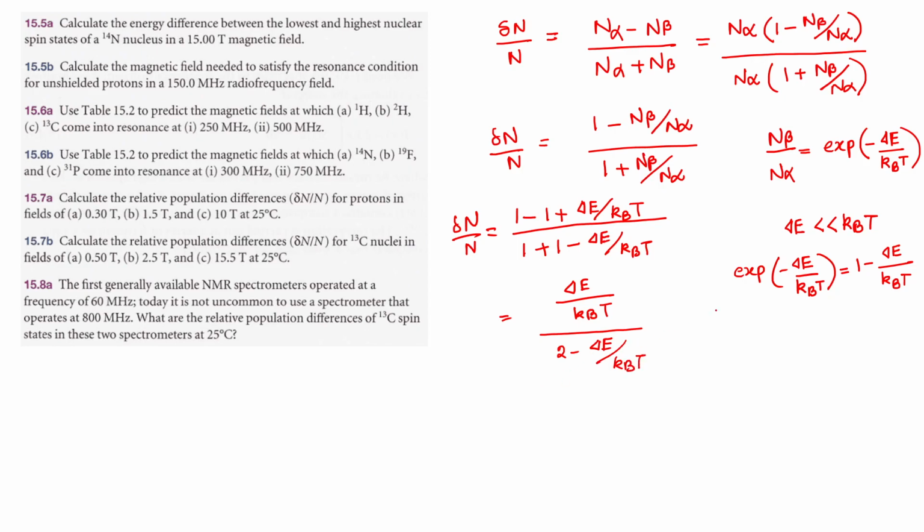And as delta E is very much smaller than kBT, this delta E by kBT is going to be much smaller than 2, so we can neglect it in the denominator, and what we get is delta E by 2 kBT, right?